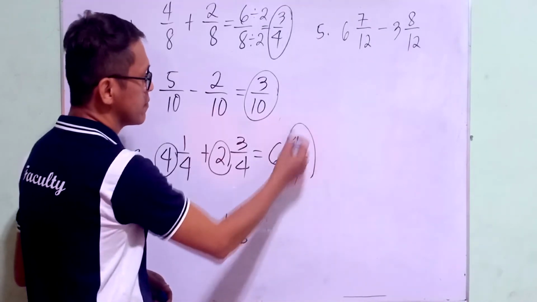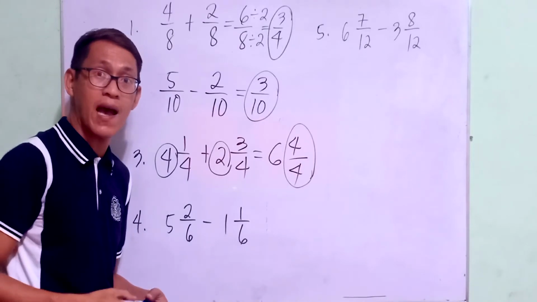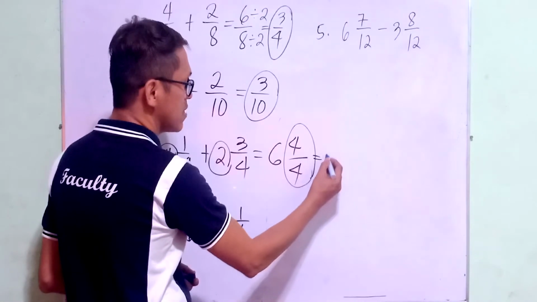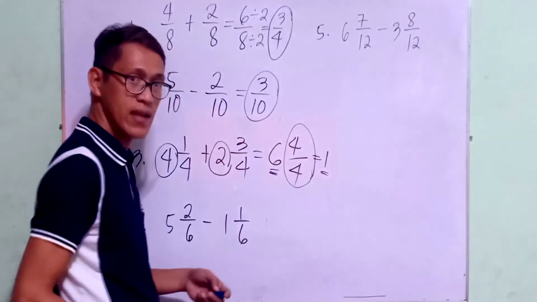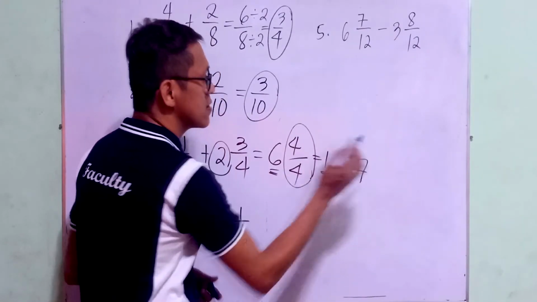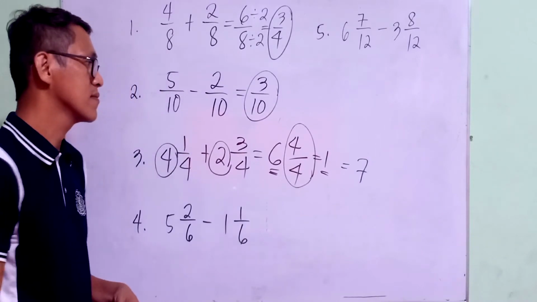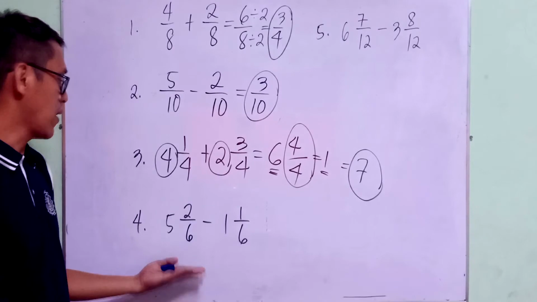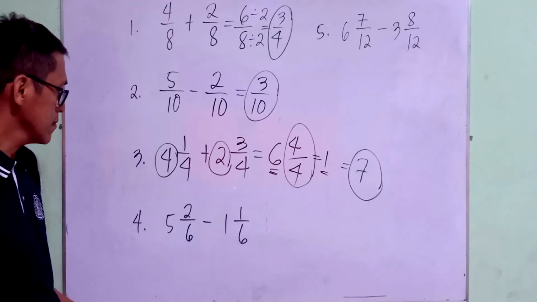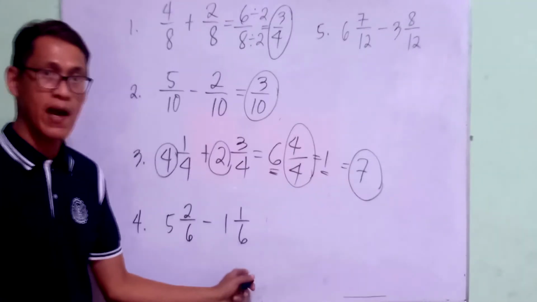Look at that. 4/4 is the same as, yes, this is equal to 1. So add 6 and the 1, so our final answer is 7. Correct. 7 is our final answer. What about number 4? Again, mixed number minus a mixed number.